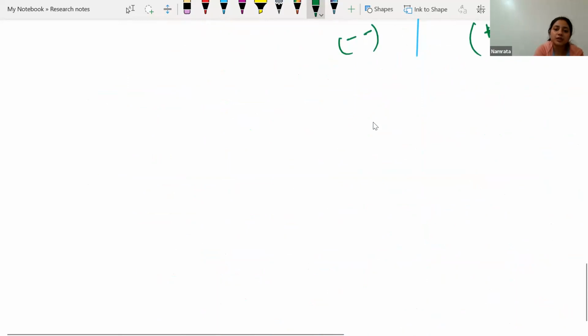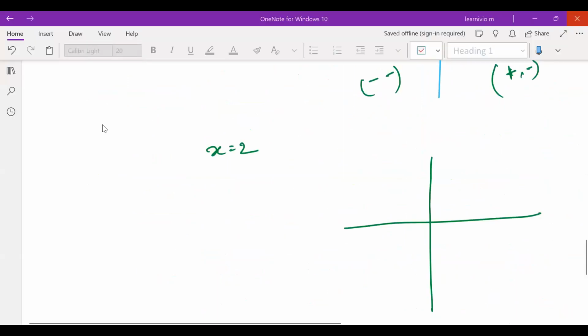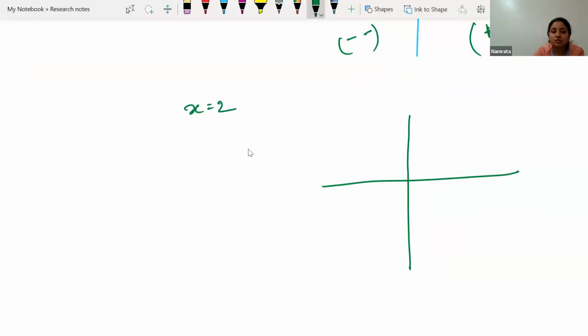One more thing you must know, Rumaisha, from here: if we are having, let's say, x equals 2, and if I want to just draw the line in this NCERT, I can see the concept of drawing a line, or making the graph according to the given coordinates, drawing the straight line, is not given over here.